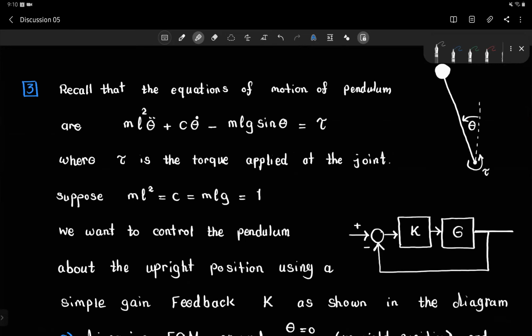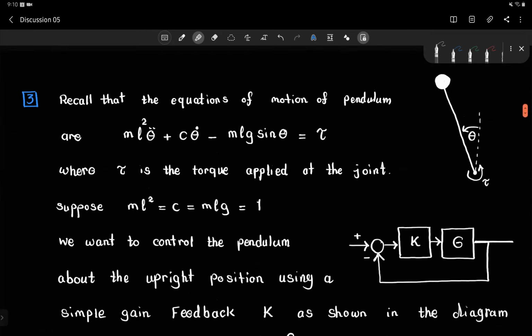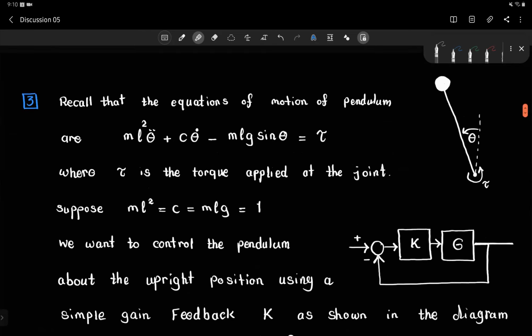So the third problem we have for today is a little bit more involved, so I will require your attention. We have a pendulum, and this is the case of the inverted pendulum, okay?